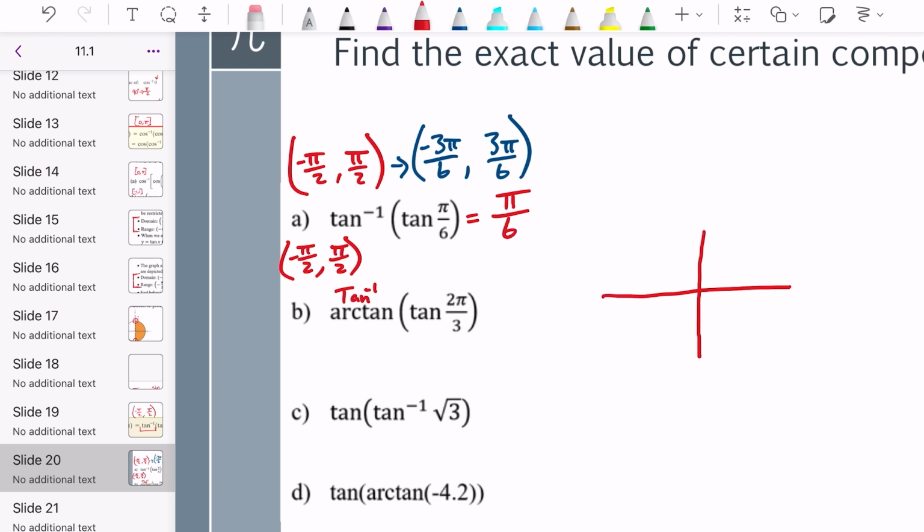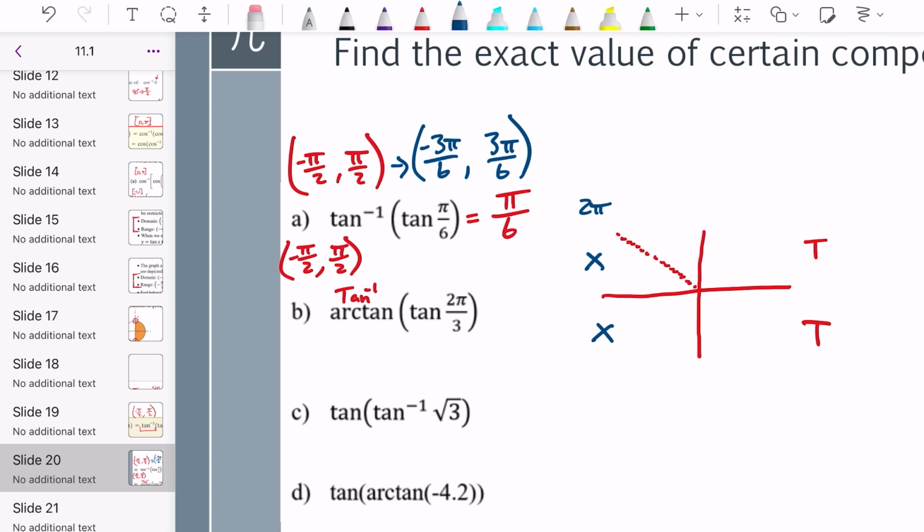Since we're looking at 2 pi over 3, 2 pi over 3 would actually fall within quadrant 2. Remember, tangent is similar to sine, which means tangent would be wanted in our first and fourth quadrants. We would not want it in quadrants 2 or 3.